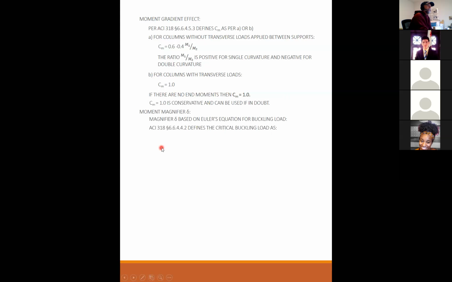ACI 318 section 6.6.4.4.2 defines the critical buckling load as P sub c, my critical buckling load, that is axial load in kips, equal to pi squared EI effective over (K l_u) squared, where K is defined previously. For non-sway, K can be conservatively taken as 1, but sway columns must be at least 1, usually more.